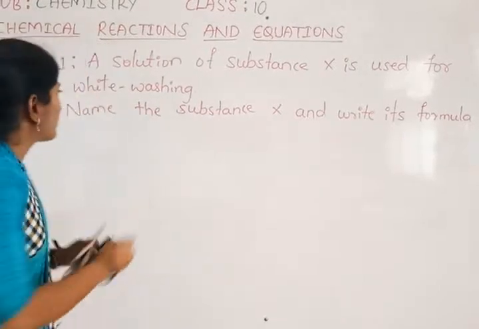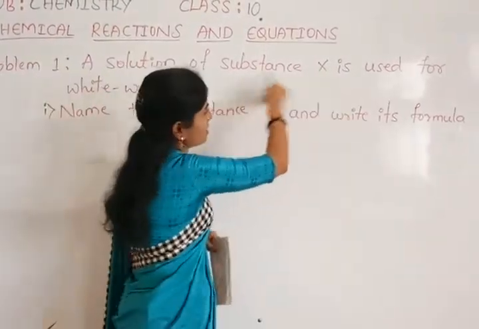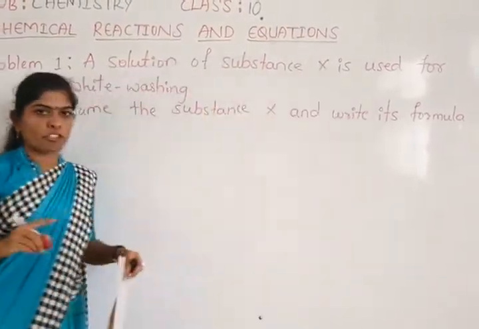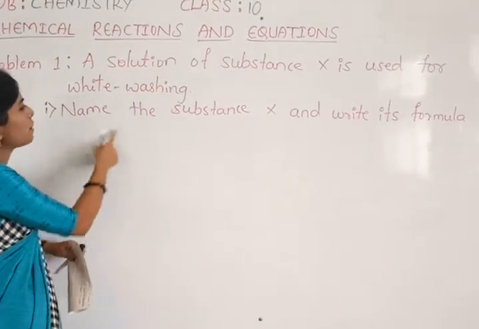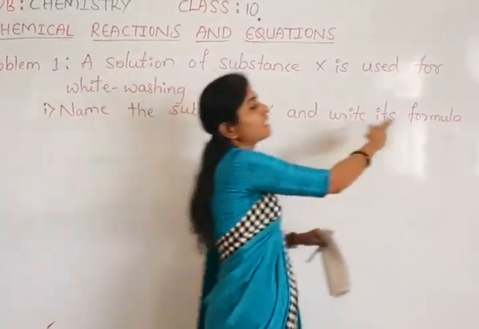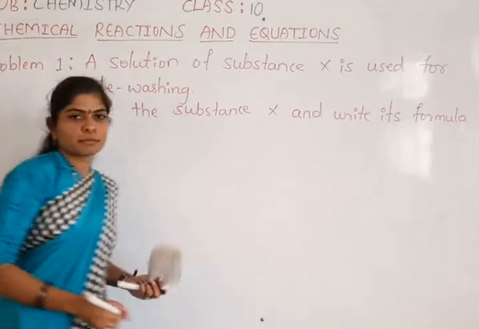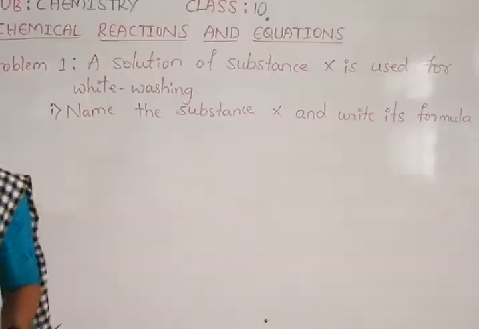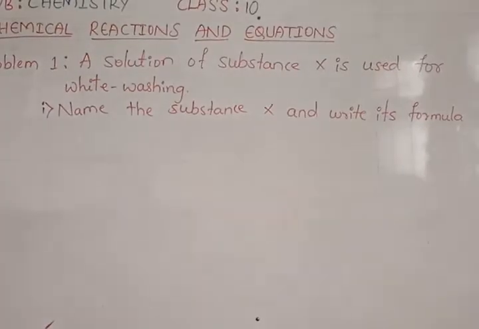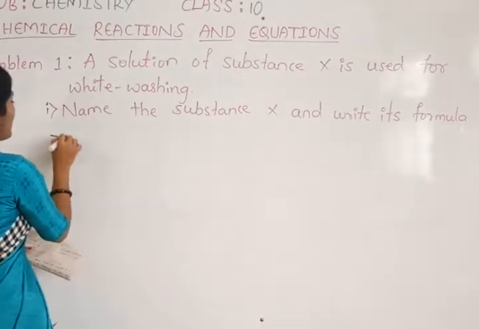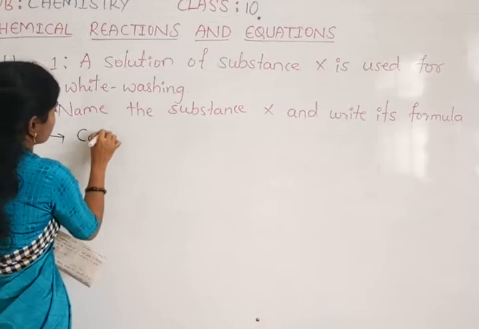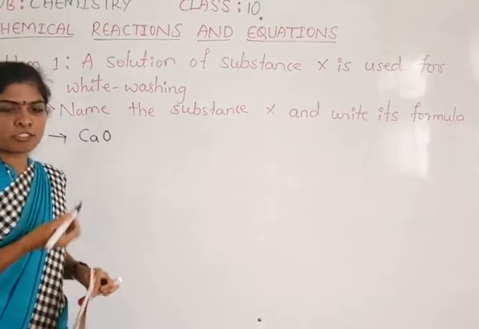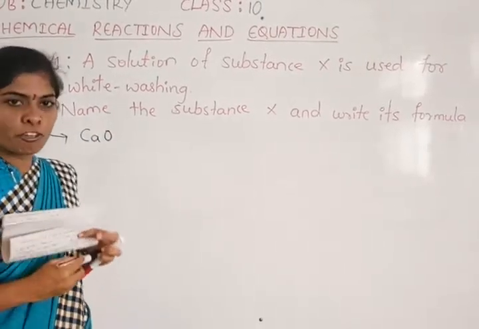They have given X, the substance used for whitewashing, and the question is to name the substance X and write its formula. So what is that substance X here? Yes, you all know that the substance X is nothing but calcium oxide. Calcium oxide is used in whitewashing.